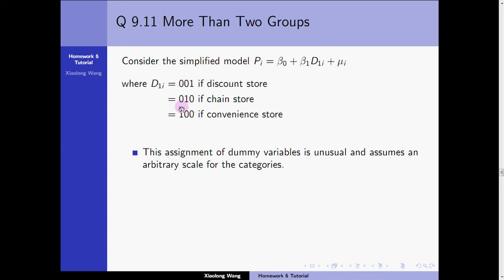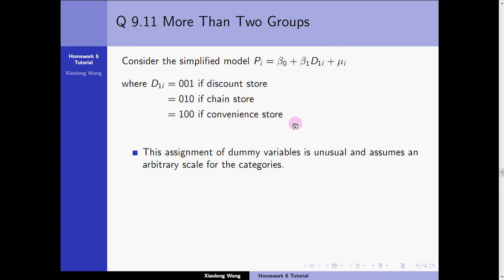to those three categories. So suppose we get a positive and significant coefficient beta 1, then it means if we go up the scale, the price of the cola will go up as well. So discount store will have the lowest price and convenience store will have the highest price.